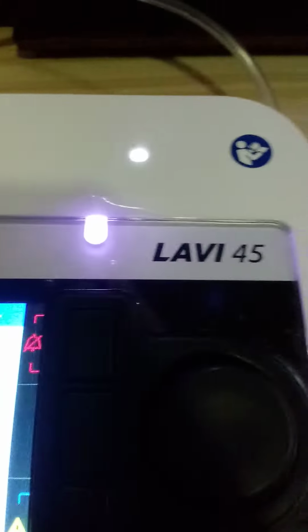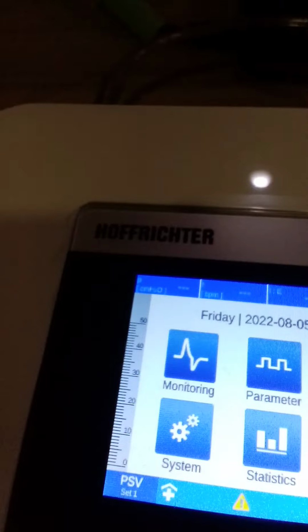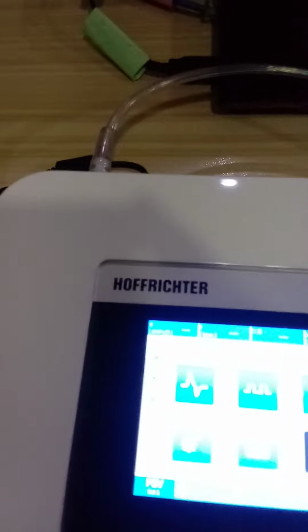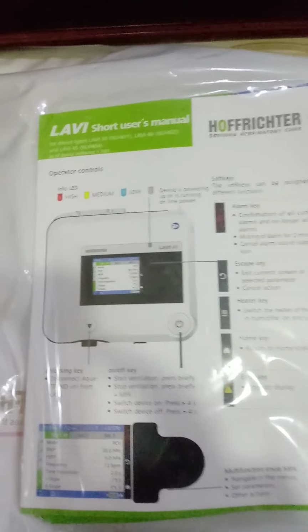So the model name I want to again discuss, Levy 45 Hofrichter. This is the manual of Hofrichter Servona Levy 45.